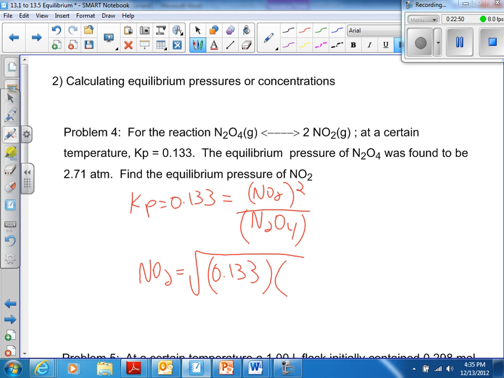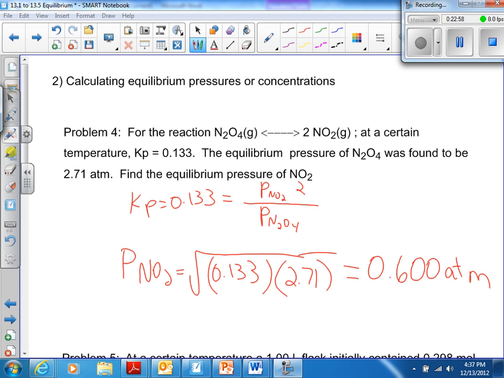Where is that? 2.71. These were pressures. So the answer is 0.600 atmospheres. And I kept 3 sig figs because there were 3 sig figs in the numbers in the problem. And you do want to be careful about those Kps or Kcs and whether you're calculating concentrations or pressures.